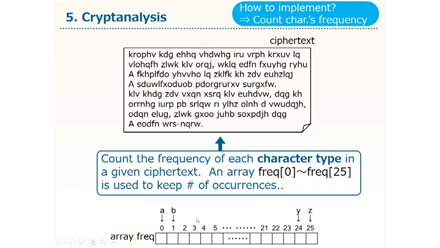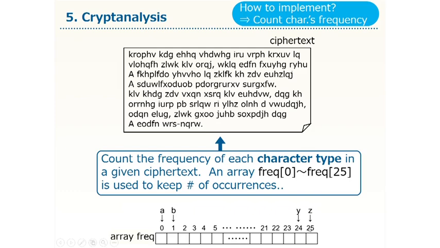Here, indices of the array correspond to the distance from a letter A in order. That is, the letter A corresponds to index 0, B corresponds to 1, and so on, until the last letter Z, that corresponds to index 25.